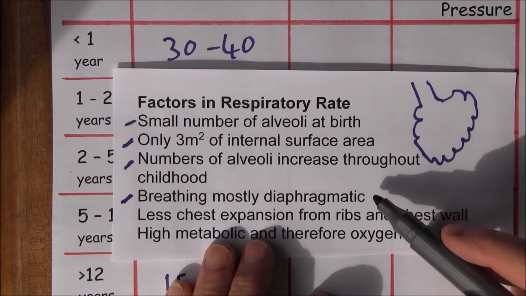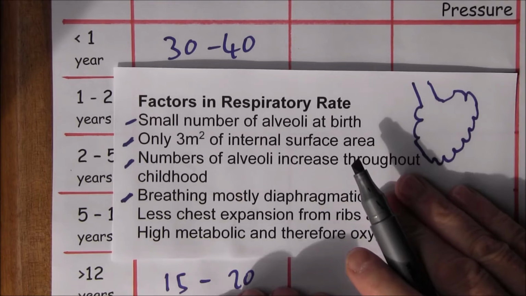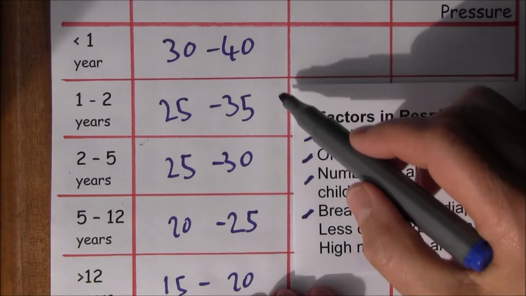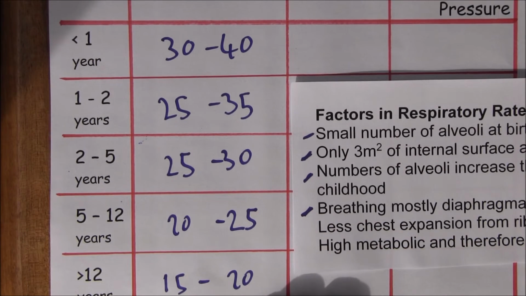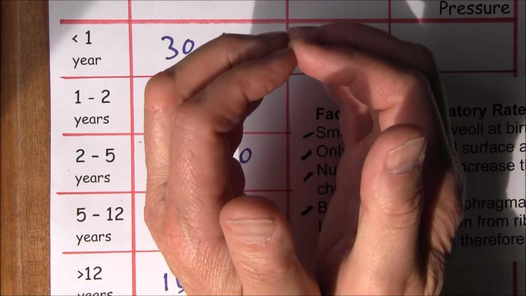That means the change in volume of the chest is increasingly attributable to contraction of the external intercostal muscles, pulling the ribs up and out to increase the volume of the chest via movements in the chest wall. That is much less so in younger children, who breathe much more diaphragmatically. In a neonate, the chest is pretty well circular.